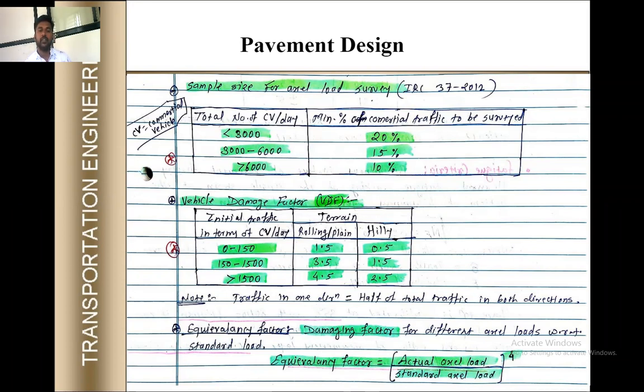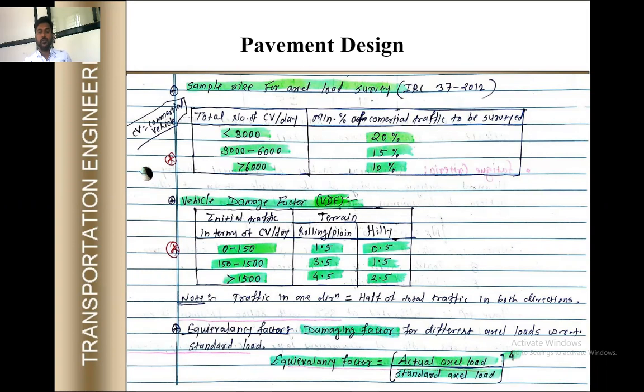Initial traffic in terms of commercial vehicles per day. If the traffic is between 0 to 150, then 150 to 1,500, and greater than 1,500. For 0 to 150, rolling or plain terrain, the VDF is 1.5.